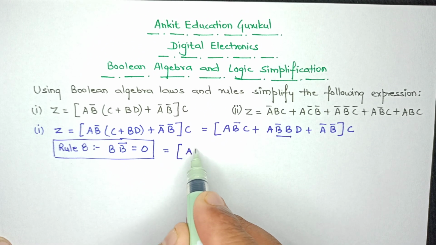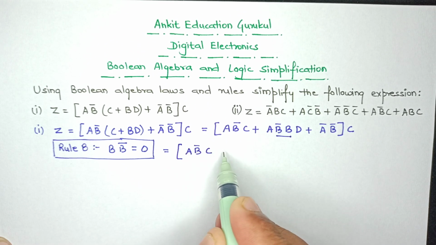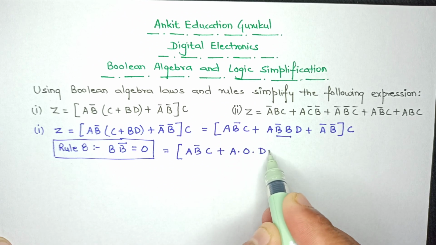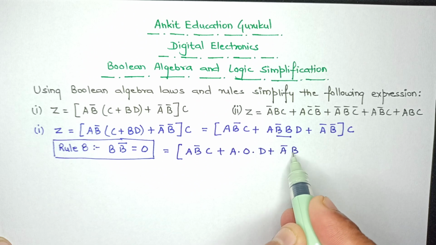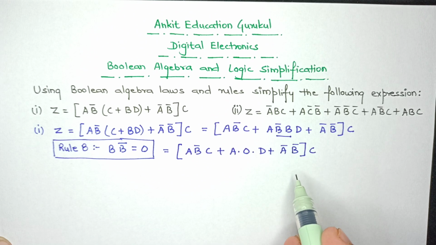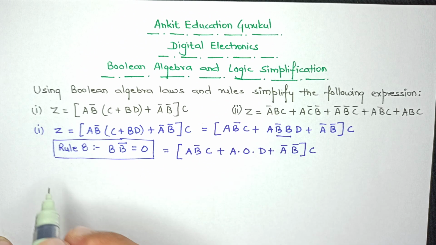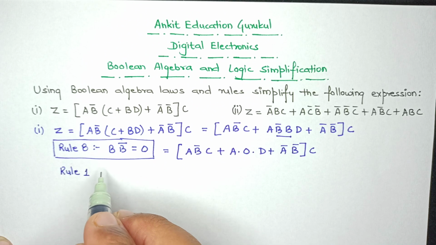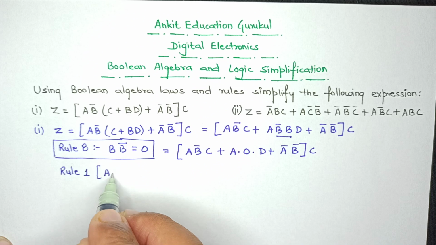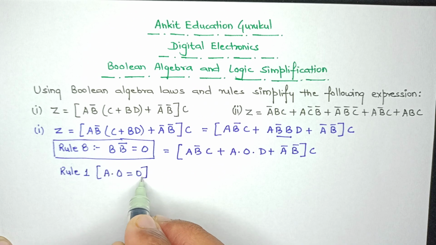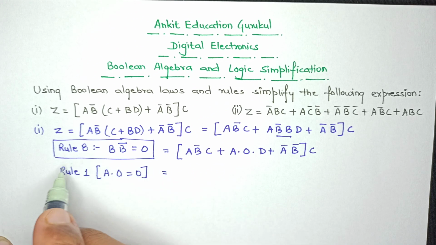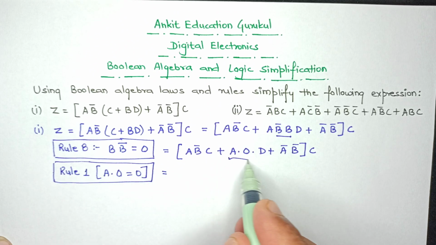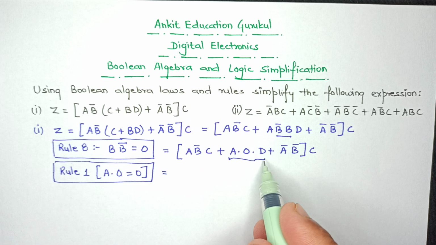So this would be A B bar C plus A multiplied by 0 multiplied by D plus A bar B bar multiplied by C. Now after this, we are going to use rule number 1, that is any number multiplied by 0 is 0. So when we apply rule number 1 onto this equation, this entire expression over here would turn to 0.